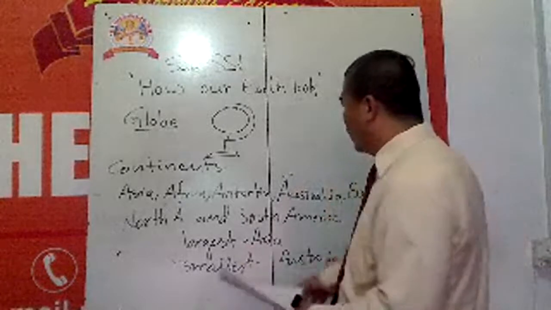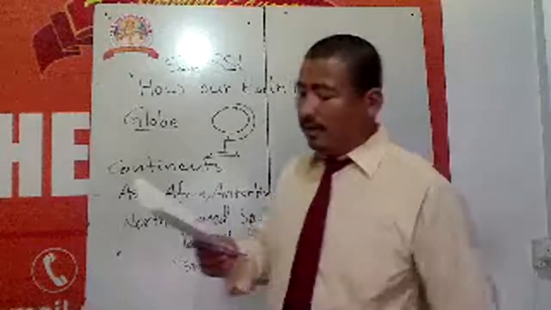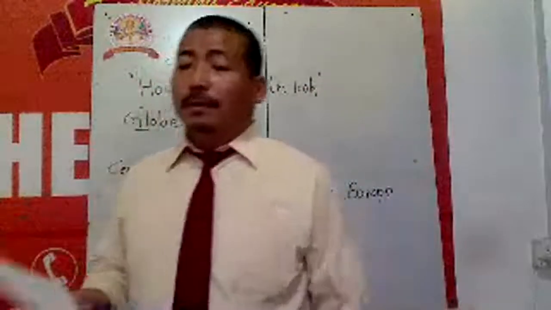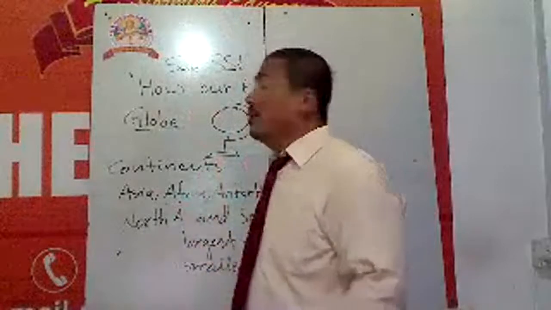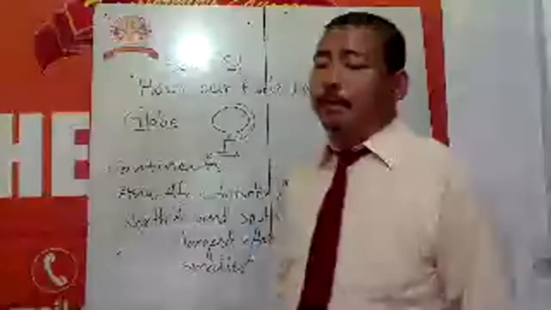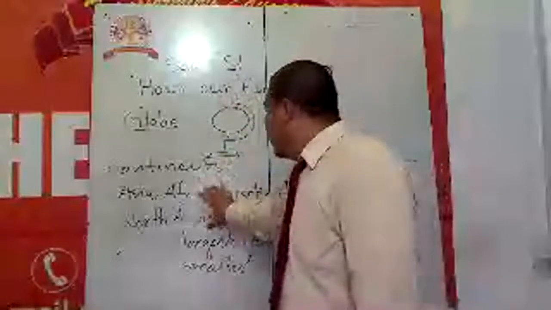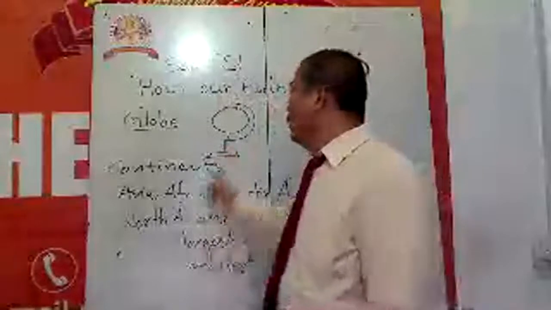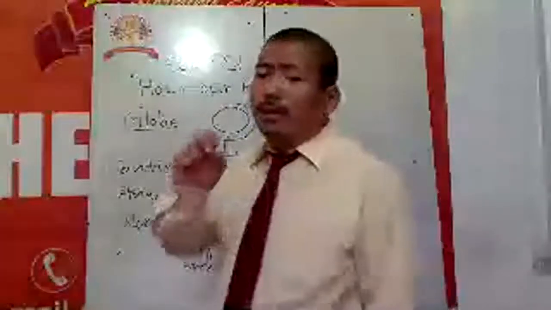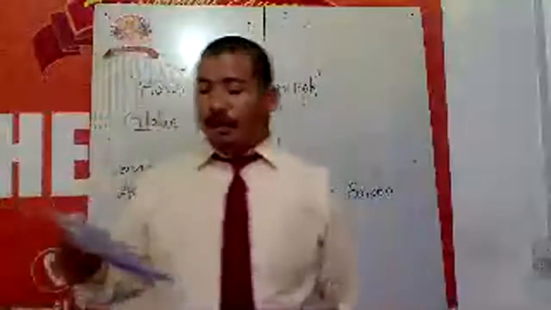These are the two things that we see on the map or on the globe. The seven continents are shown in brown color, and the oceans, rivers, seas, lakes, the water bodies, are shown in blue color.